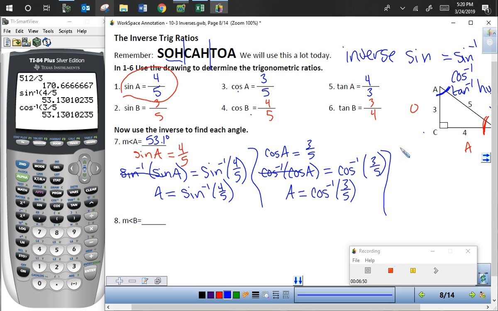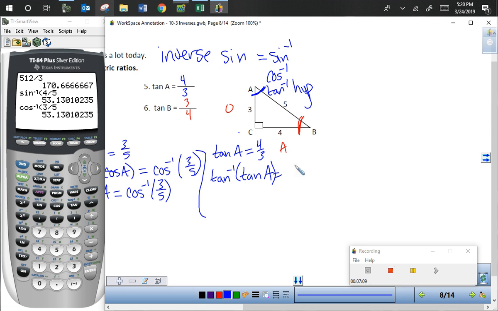Last one, tangent A equals 4/3. To get rid of tangent, we use the inverse tangent. Okay, use that -1 exponent on both sides.